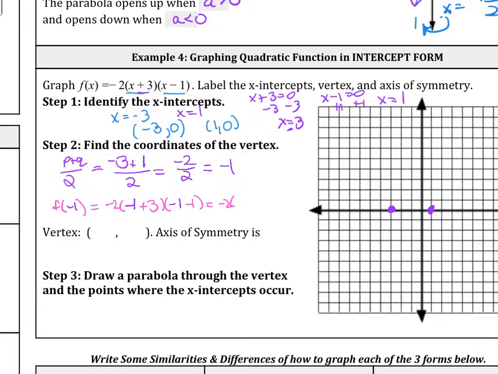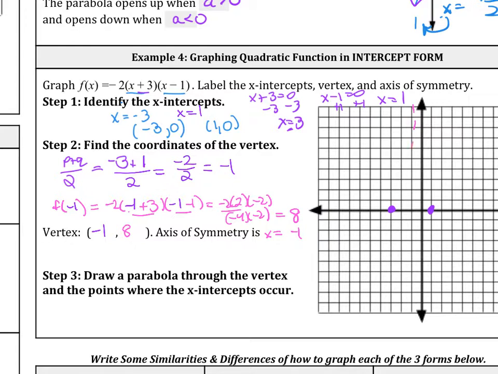Negative 2 in the front, we have negative 1 plus 3, that is a positive 2. Negative 1 minus 1, that is a negative 2, and we multiply through. So negative 2 times 2 is a negative 4, times negative 2, which is a positive 8. So that's our y value of our vertex. So therefore, our vertex is at negative 1, 8. The axis of symmetry we know is at x equals negative 1.